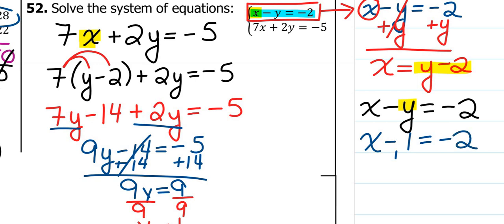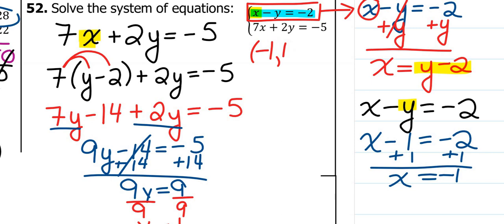Add 1 to both sides. And now I have x equals negative 2 plus 1, which is negative 1. So my final answer is negative 1 for my x value, positive 1 for my y value.